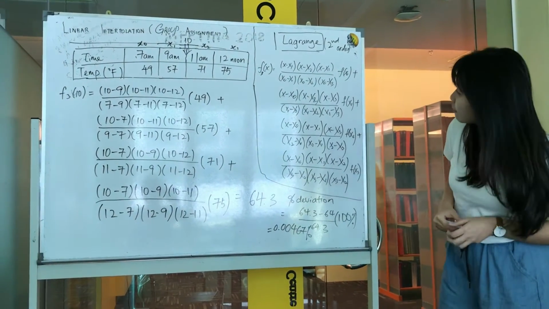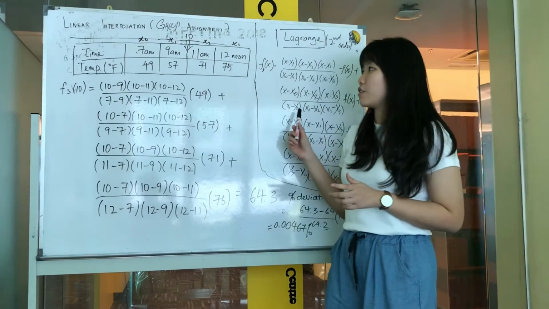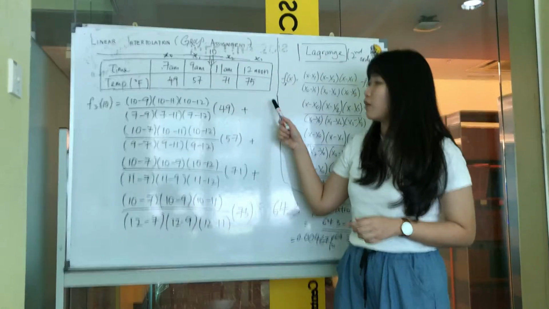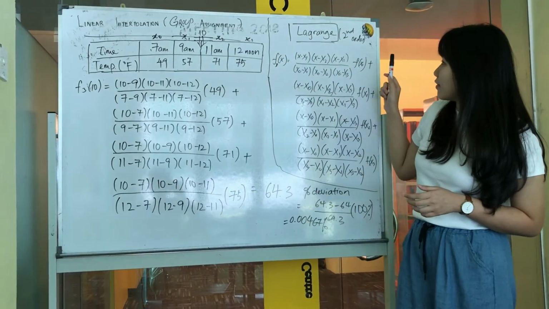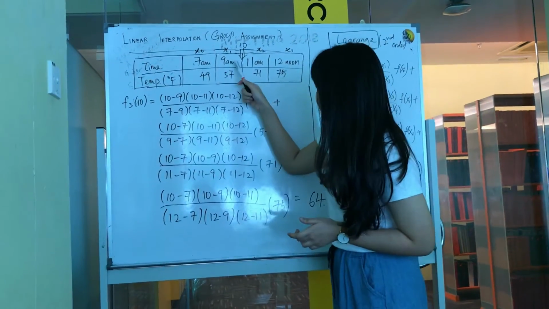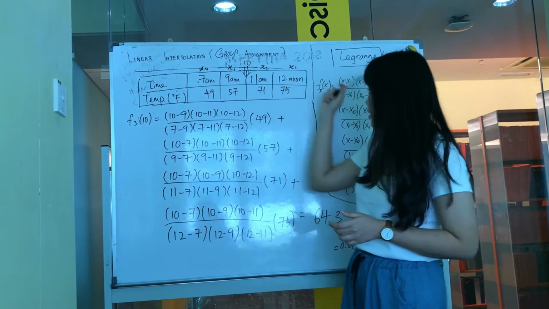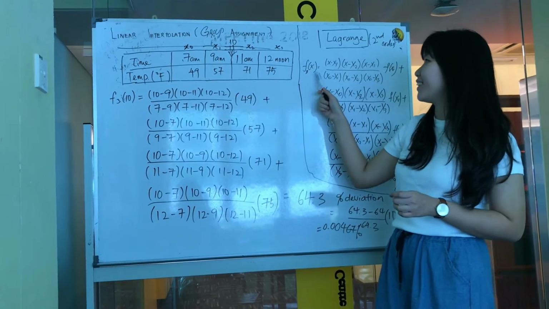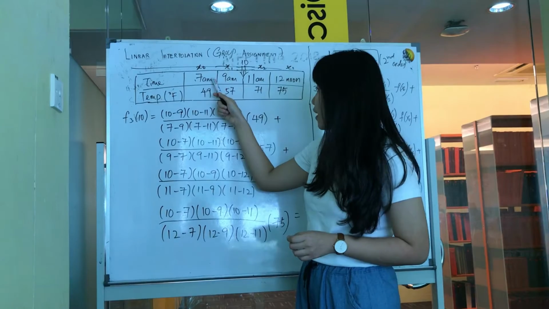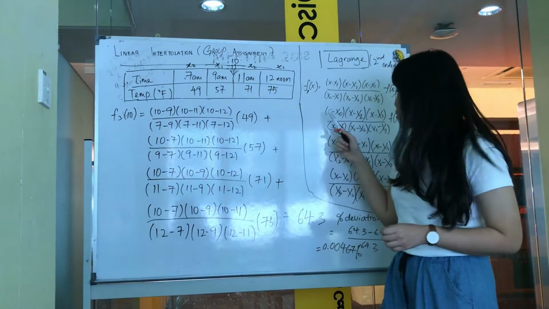And this is the general formula of Lagrange. From the formula, we can see that Lagrange interpolation takes into consideration all the points in the experiment, which is 4 points. Now we have to find 10 a.m., which is between 9 a.m. and 11 a.m. Using this formula, x equals 10, and x0 we assume to be 7 a.m., x1 is 9, x2 is 11, and x3 is 12.